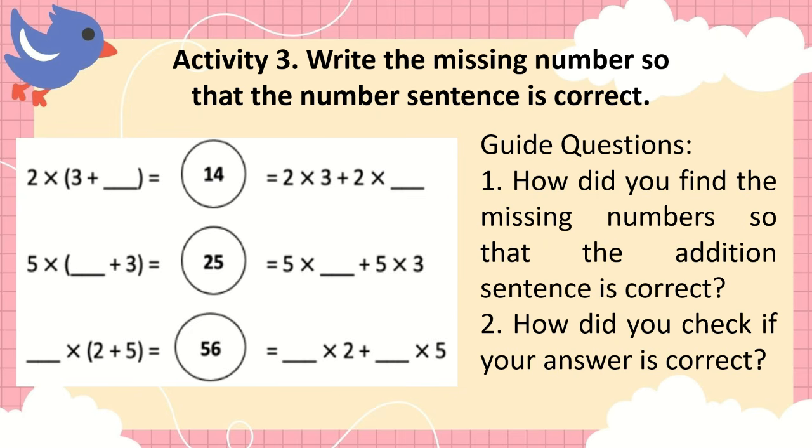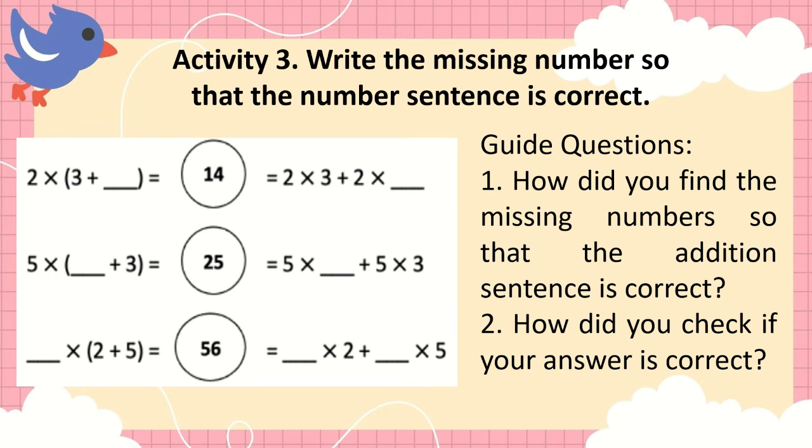For activity number 3, write the missing number so that the number sentence is correct. 2 times (3 plus blank) equals 14, is equal to 2 times 3 plus 2 times blank.